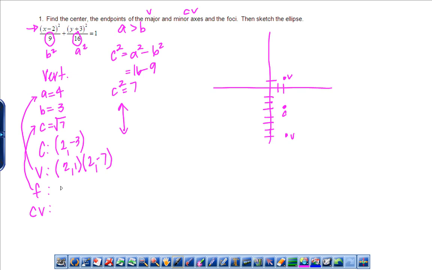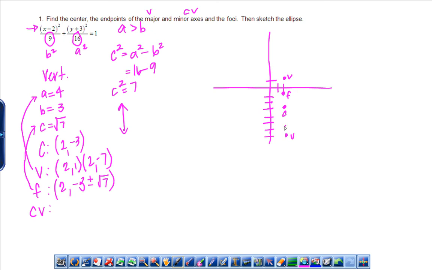So I'm going to write it as 2, and then I'm going to go -3 plus root 7 and minus root 7. So if I go inside root 7 and I add that to 3, that is going to be about, that's going to be right there, focus. And if I take -3 and I subtract root 7, that's going to be about -1, 2, 3, 4, 5.